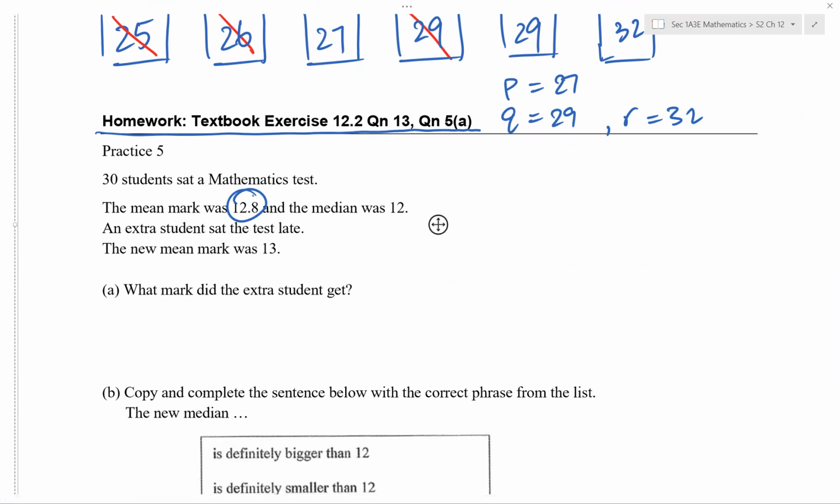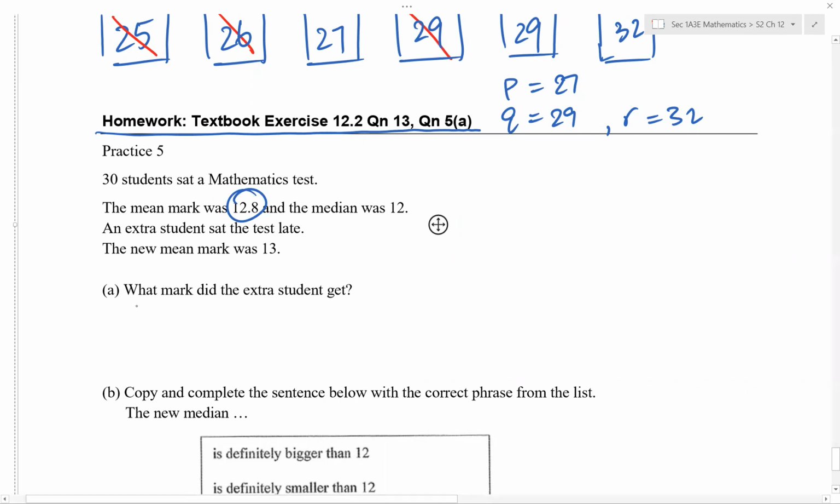Now suddenly, we've got an extra student who sat the test late, and now the mean mark actually changed from 12.8 to 13. So there's an increase in the mean. So logically, the new student, this extra student, he must have scored more than 12.8 in order to pull up the mean. So what mark did the extra student get?